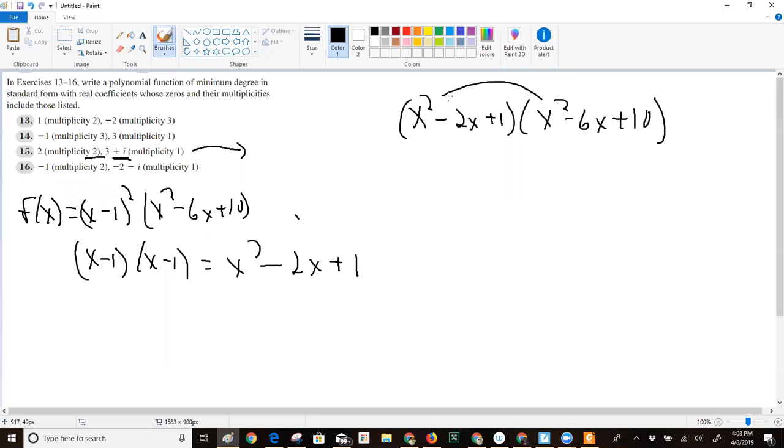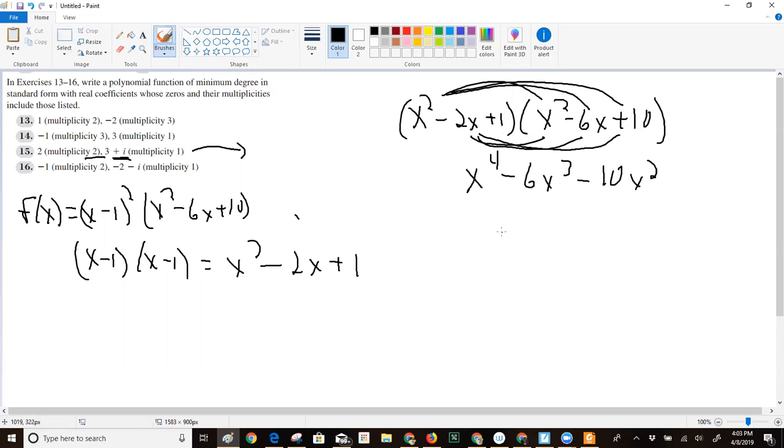So now I just have to do all this distributing. So I've got x to the 4th minus 6x to the 3rd plus 10x squared. Then I'm going to distribute the negative 4x through.